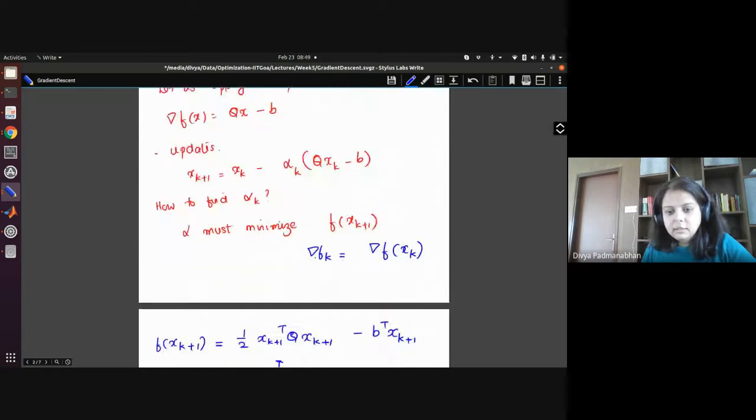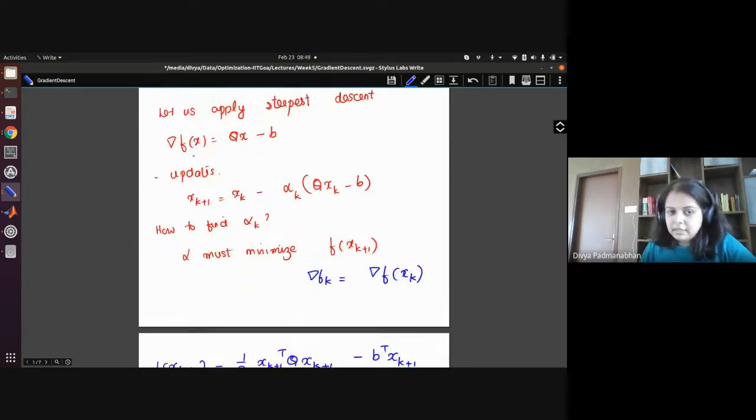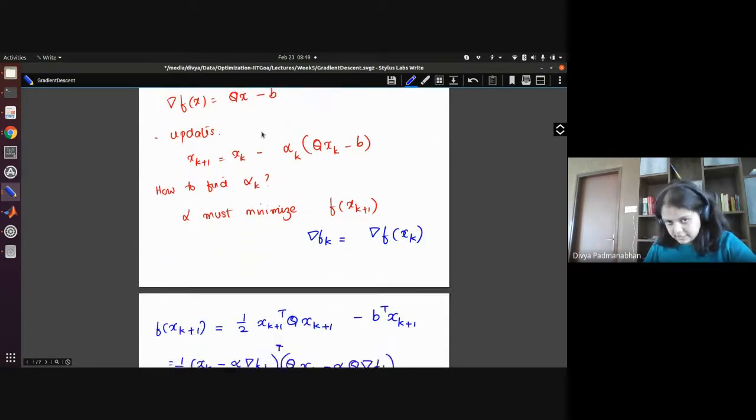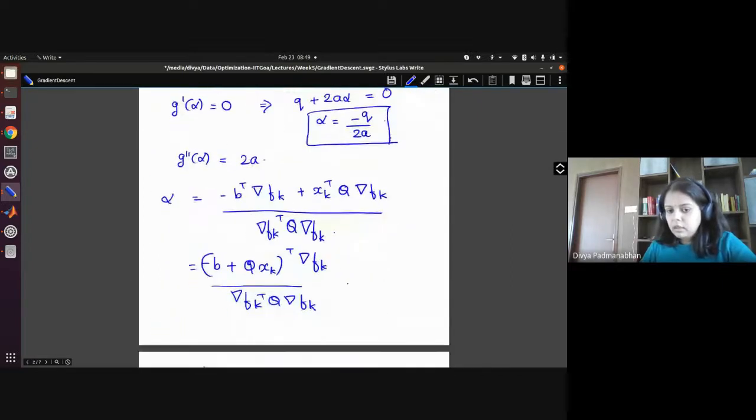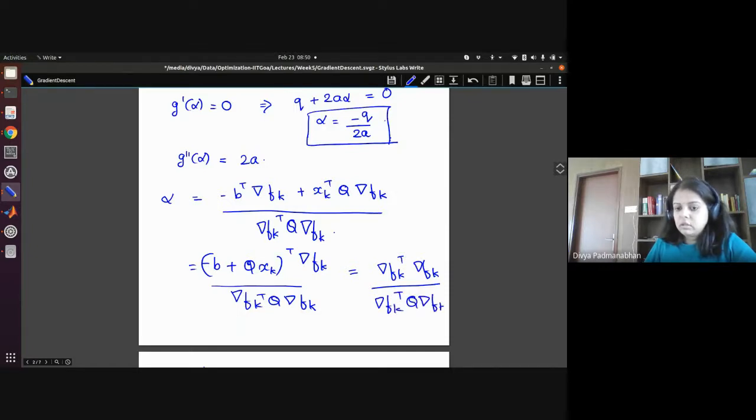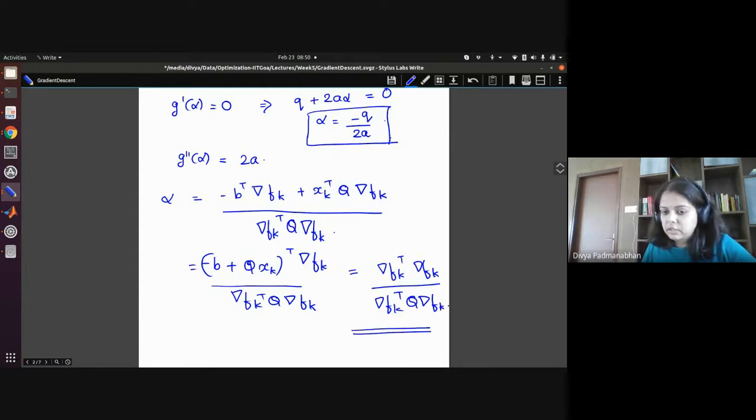So this is the gradient. So the gradient evaluated at xk is Qxk minus B. So what you'll get here is grad Fk transpose grad Fk by grad Fk transpose Q grad Fk. Okay, so this is the optimum alpha that you will use at every step.